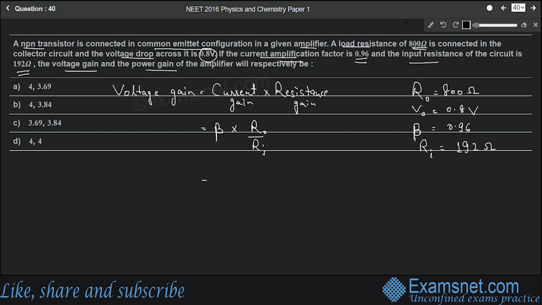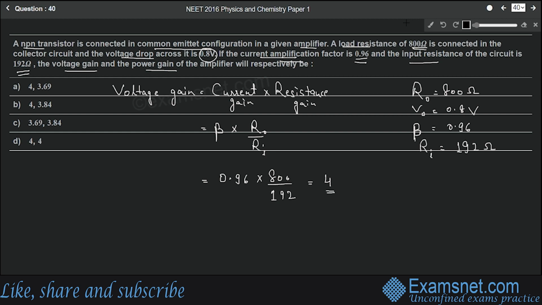So let's put the values. Beta is 0.96, output resistance is 800 ohm and input resistance is 192. On solving this, what do we get? We'll get 4. So this is your voltage gain.